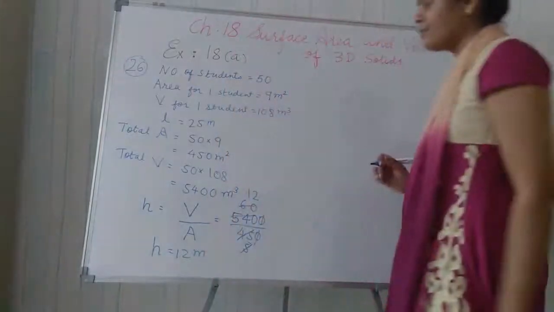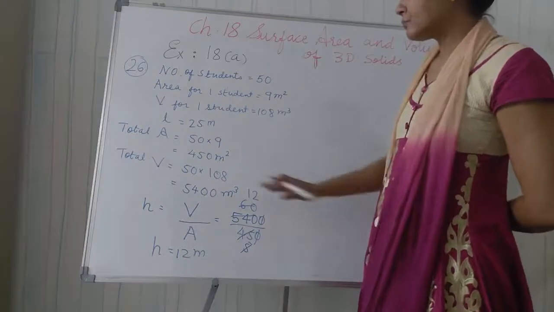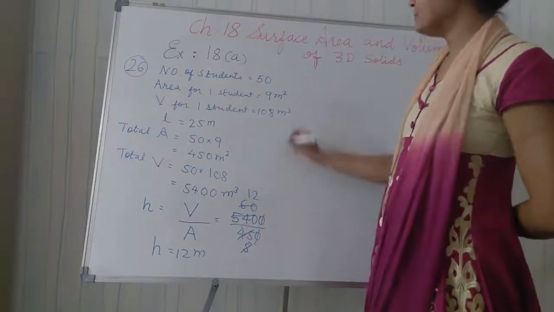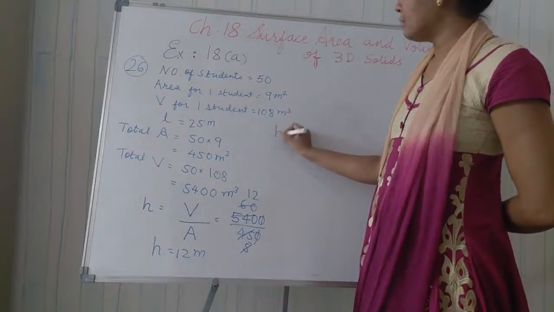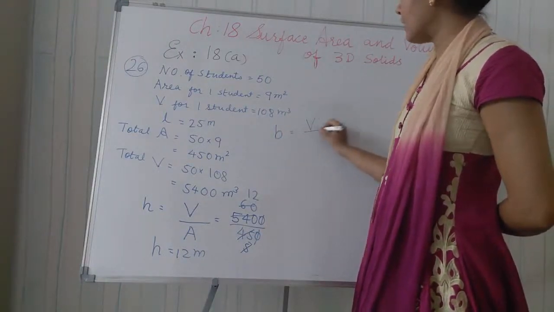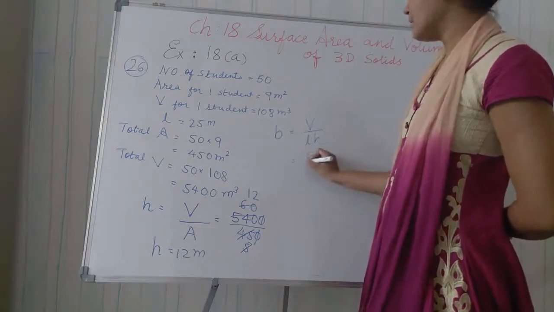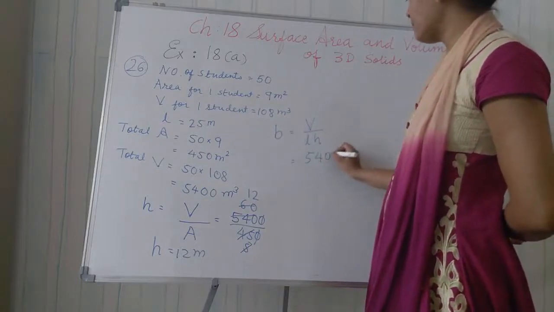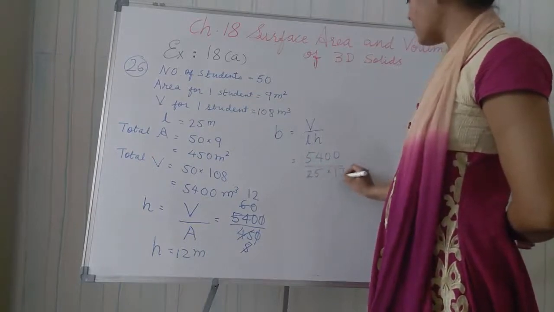Now it is required to find the breadth also. You understand students, in the volume formula, if you want B, then volume divided by length into height. So volume is 5400, length is 25 and height we found as 12.